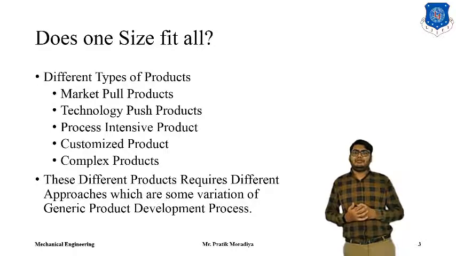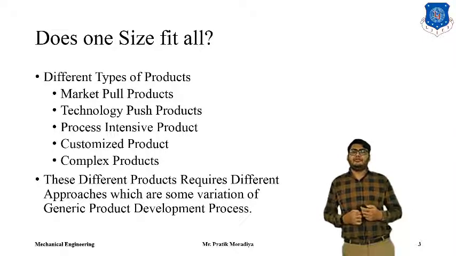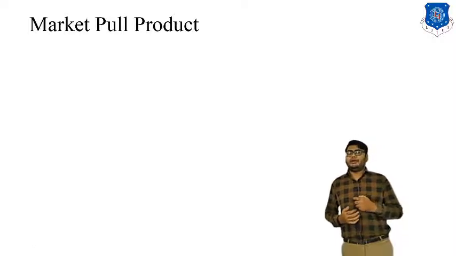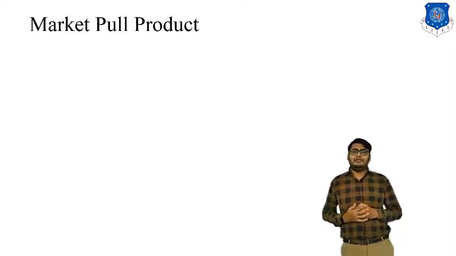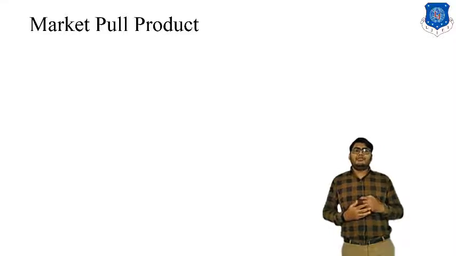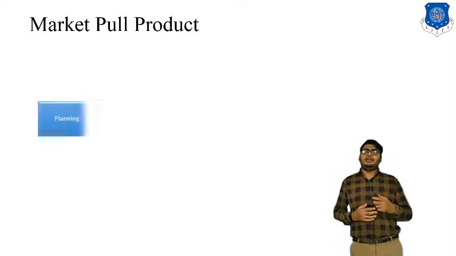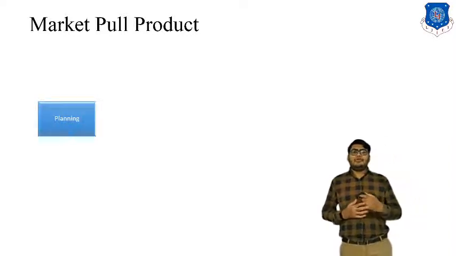First of all, let us see what market pull products will look like when we apply our generic product development process to them. Market pull products, as we already have discussed, are the products which are demanded by the customers themselves.